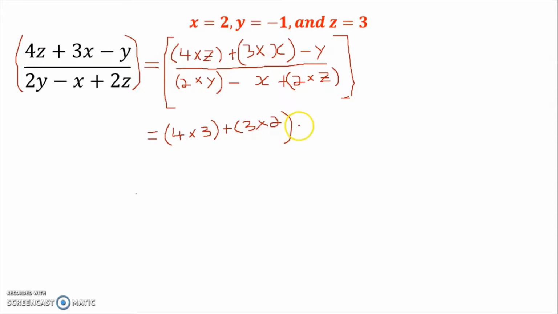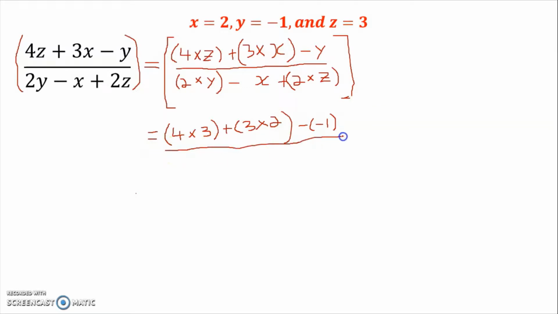Subtract y, y is equal to negative 1, so that's subtract negative 1. Pay attention to your signs. I'm just putting the bracket around the negative 1 for convenience. You don't have to put a bracket there.